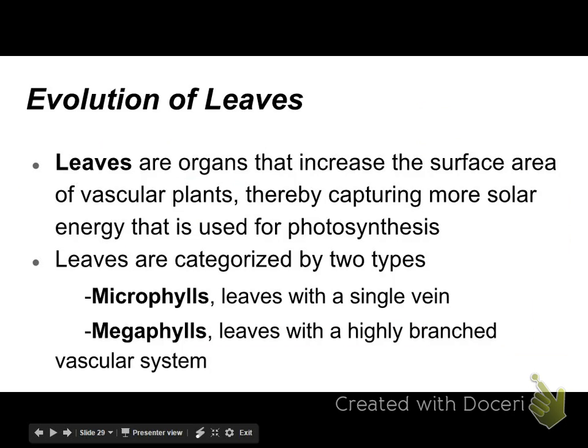Evolution of leaves. Leaves are organs that increase the surface area of vascular plants, thereby capturing more solar energy that is used for photosynthesis. Leaves are categorized into two types: microphylls, which have a single vein, and megaphylls, which have a branching vascular system.